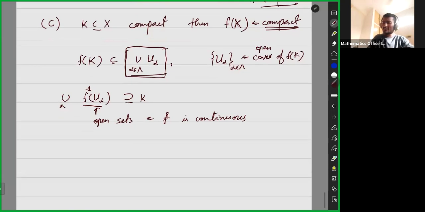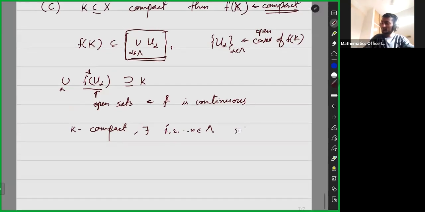Right. And now K compact implies there exists some indices 1, 2, up to n in the indexing set, such that when you take the union of f inverse of u_i, i from 1 to n, K is contained in it.